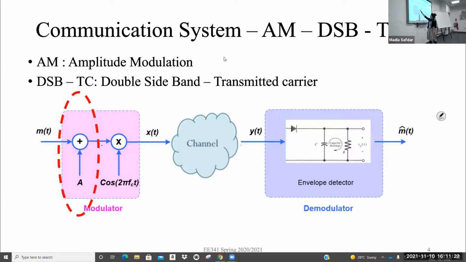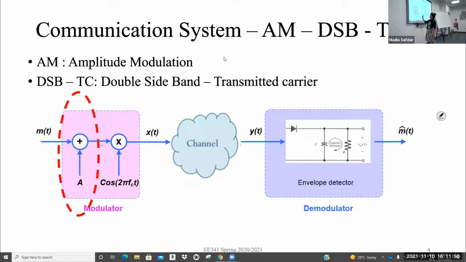Then x of t is equal to a plus m of t, multiplied by cosine. This will be one signal. This is my message signal. Then I add the DC offset.